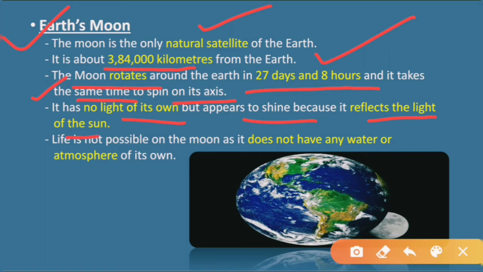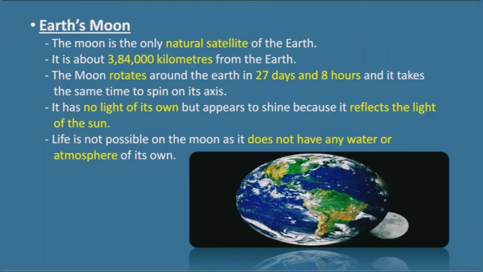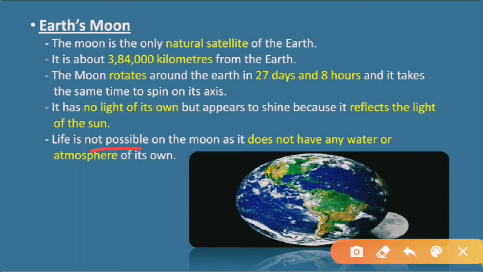Now the last is, life is not possible on the moon. As we have studied, life is not possible on the moon, means on the moon the people or the living beings cannot survive. Why?